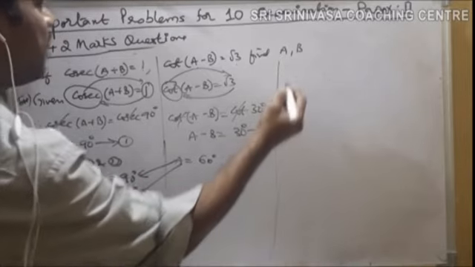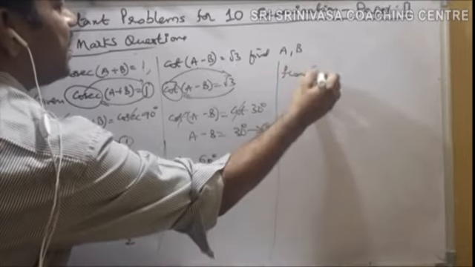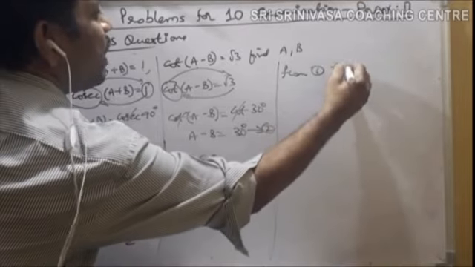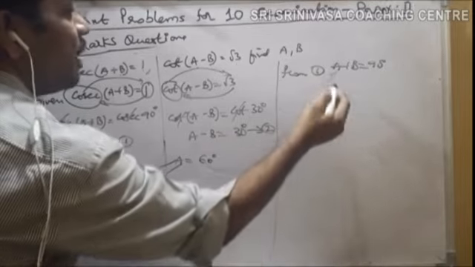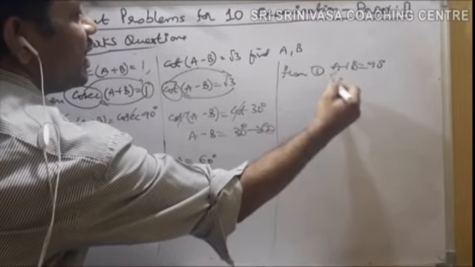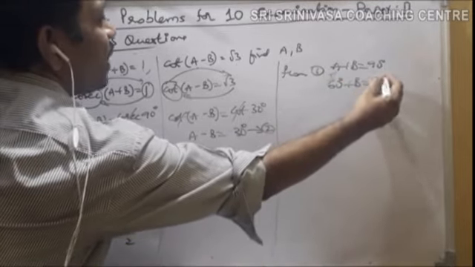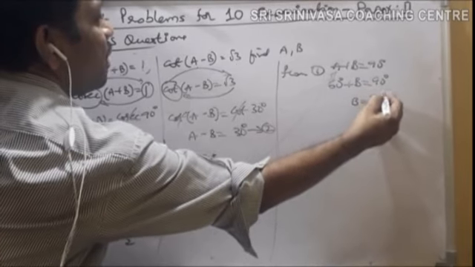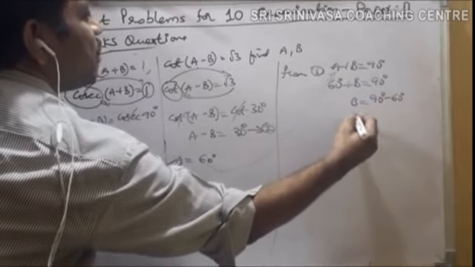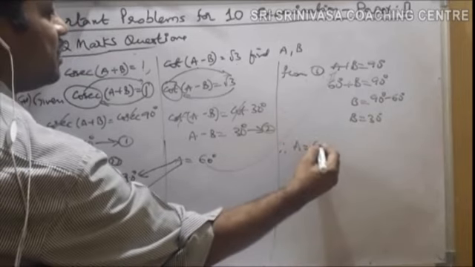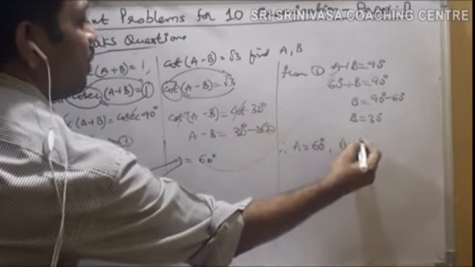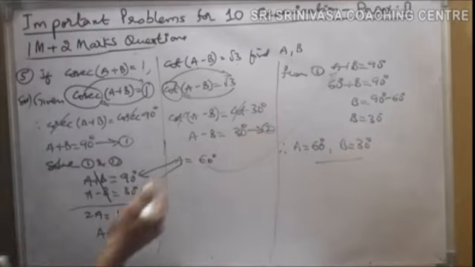Here I am taking equation 1: a plus b equal to 90. The value of a is 60, so let me put 60 here. 60 degrees plus b equal to 90 degrees. b equal to 90 degrees minus 60 degrees. So b equal to 30 degrees. Therefore a equal to 60 degrees and b equal to 30 degrees.